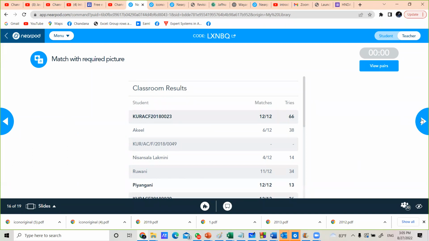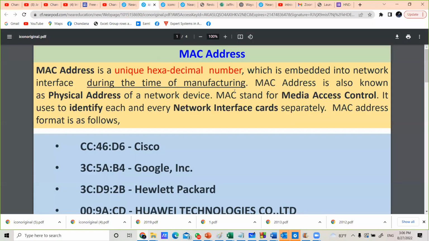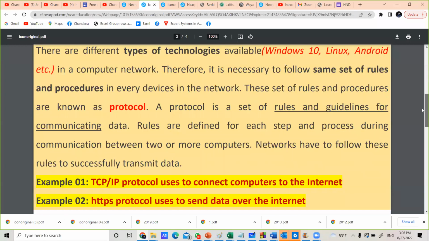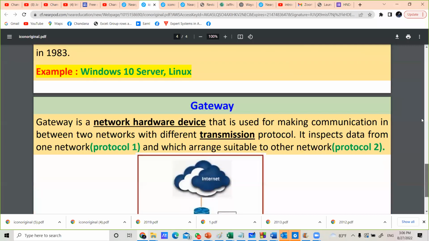Right. We'll move to the next one here. From this note regarding the addresses, MAC address, media access control address, you can download it by clicking the link here. It has 4 slides giving some idea about MAC address, protocols, network operating system, and the gateway.